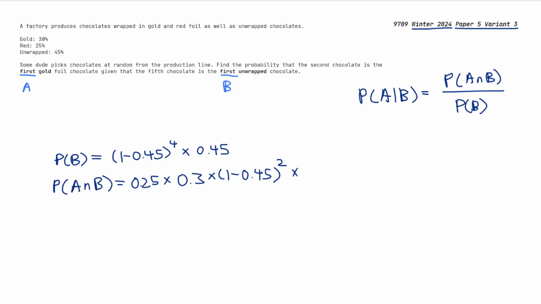But then the next are determined by event B, which is going to be 1 minus 0.45 squared, because chocolates 3 and 4 can either be gold or red, it doesn't matter. And then chocolate 5 has to be unwrapped.